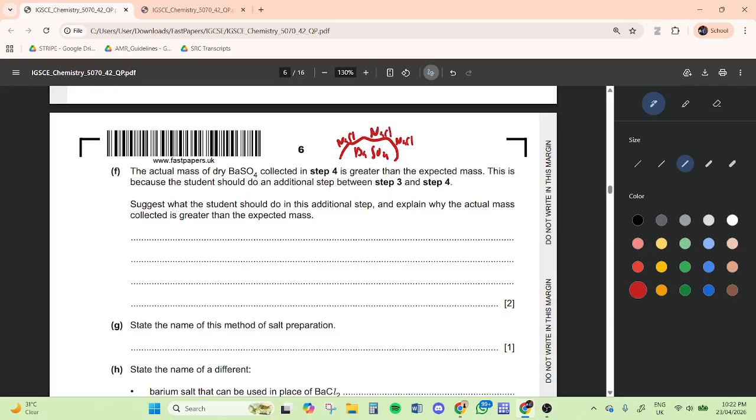Now, that's going to be a problem because when you're weighing the actual mass, you're also getting some sodium chloride stuck onto your barium sulfate. So there's an easy fix for this. We know one of these salts is soluble and one of these is insoluble. So all you have to do to remove this pesky sodium chloride is rinse the mass with water.